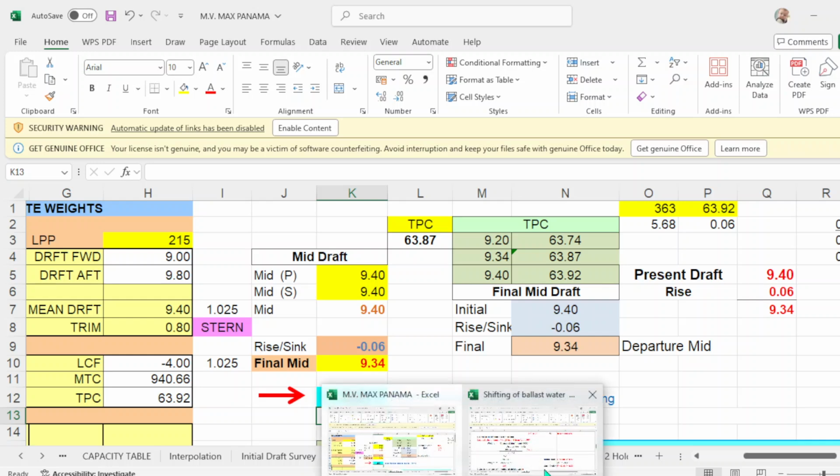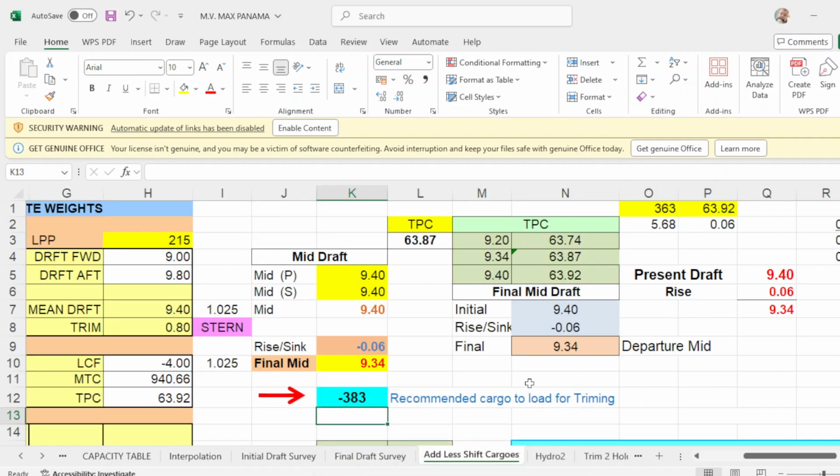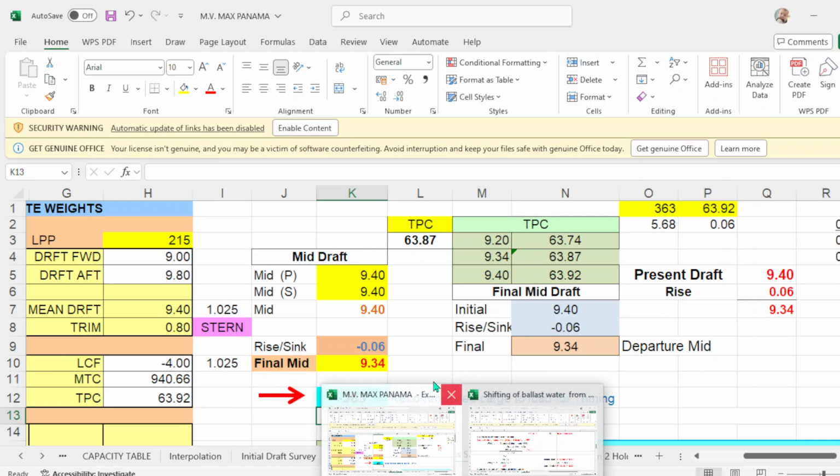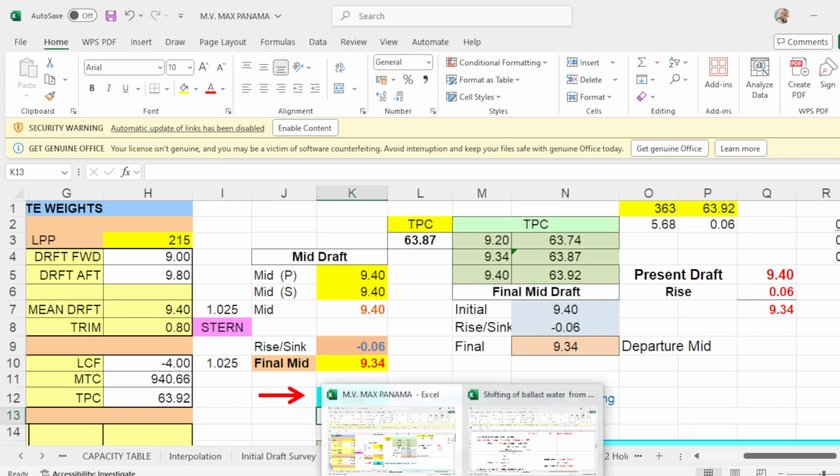Double check this. Okay, 383 should be the weight. Let me check. Okay, 383. Then we go to the Excel form.